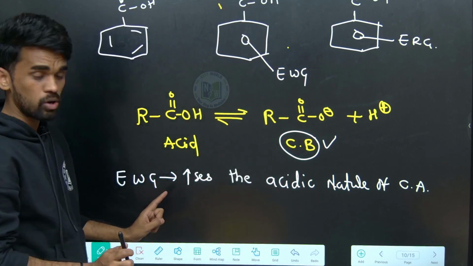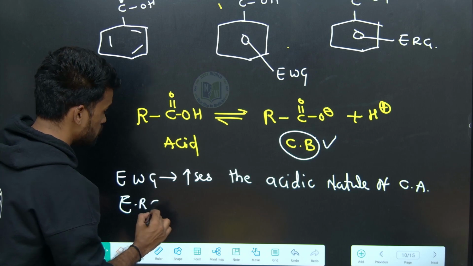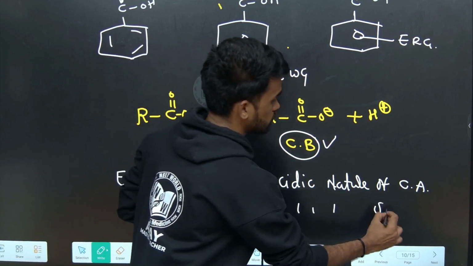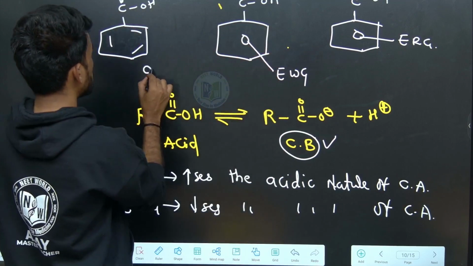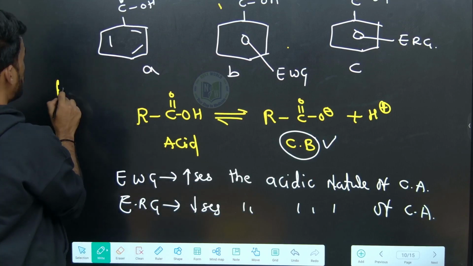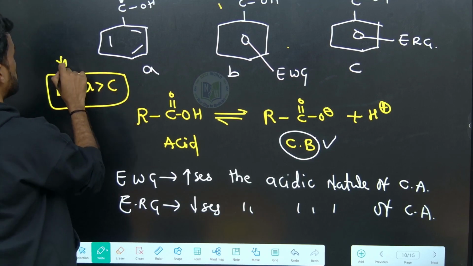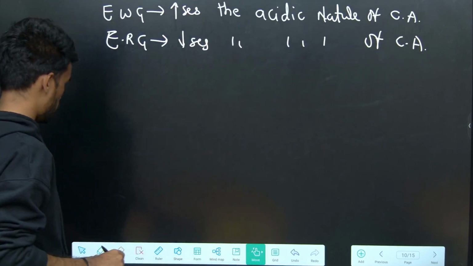Like that you have to decide, and here you can write electron releasing groups decrease the acidic nature of carboxylic acids. So out of this A, B, C, which option is correct, what is the order here? We can say B is more acidic, then A, then C. This is how you need to write the acidic nature. So let us take one generalized example, some common examples here.